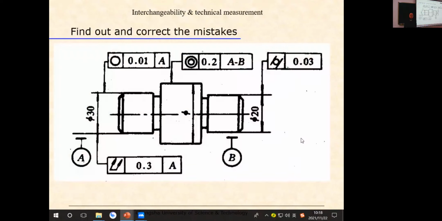Okay. Get your printed picture to find out and correct the mistakes, okay? Online students, please take out your printouts and do the practice. The first picture, find out and correct the mistakes. Yes, teacher.